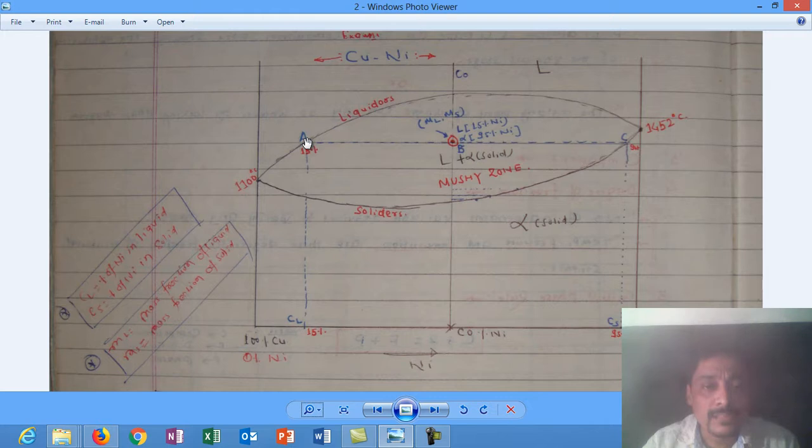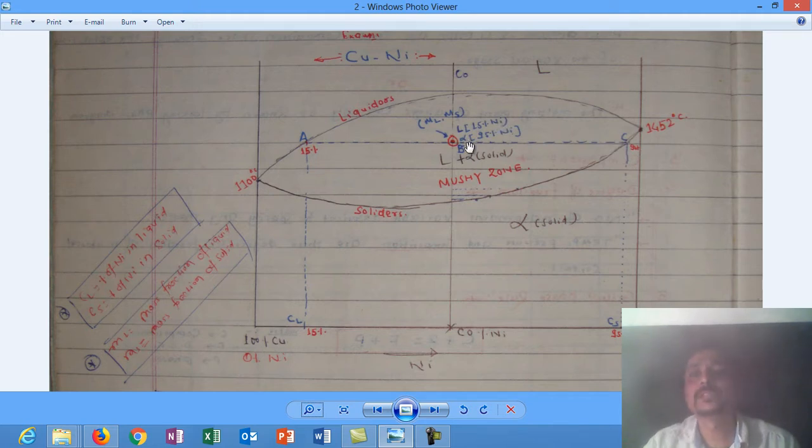As you draw the vertical line, it cuts here, and at this point 15% nickel is there. That means if there is 15% nickel, there will be 85% copper. So we know what Cl is, the percentage of nickel in the liquid, and this line cuts the liquidus, and if you draw the vertical line, this is 15%. So the percentage of nickel in the liquid phase will be 15%.